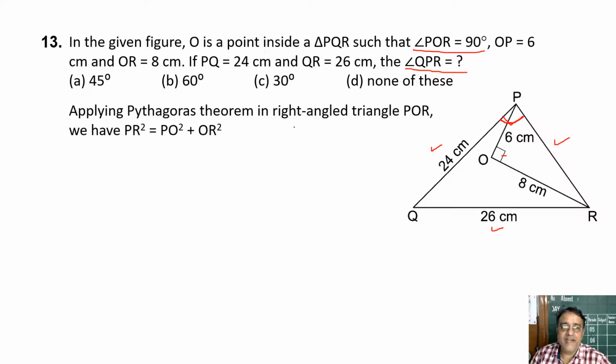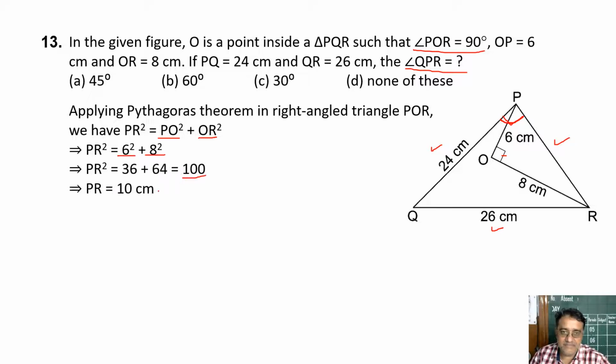So we will get PR square is equal to PO square plus OR square. PO is 6 and OR is 8. So 6 square plus 8 square, that is 36 plus 64. So we are going to get 100. Square root of 100 is 10. Okay, so we got 10 here. Right.